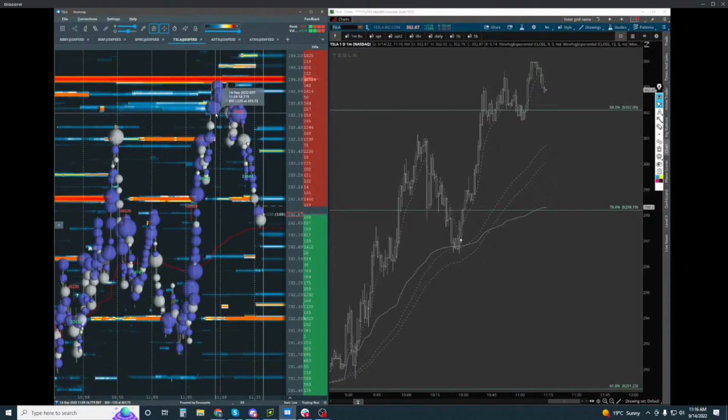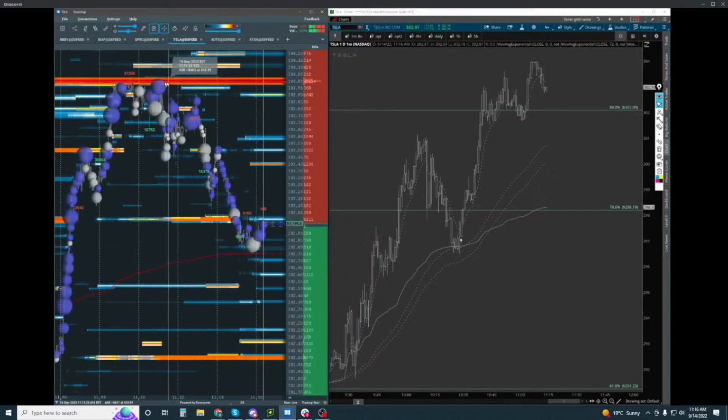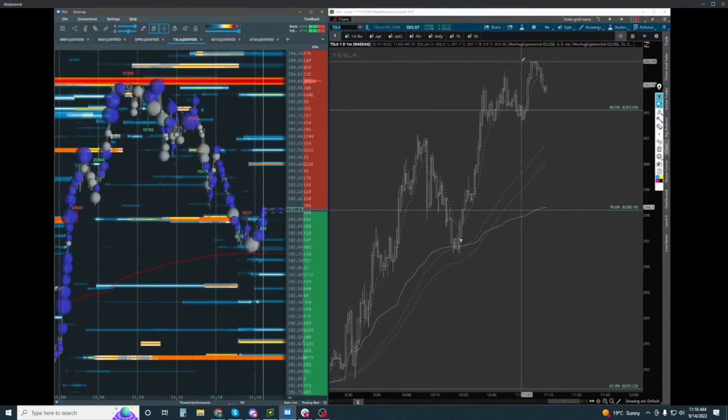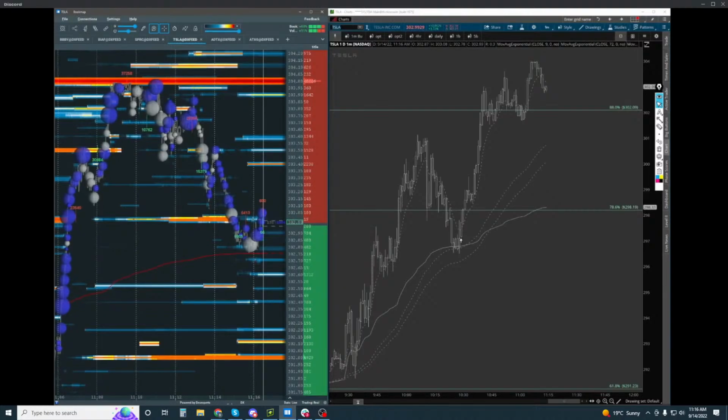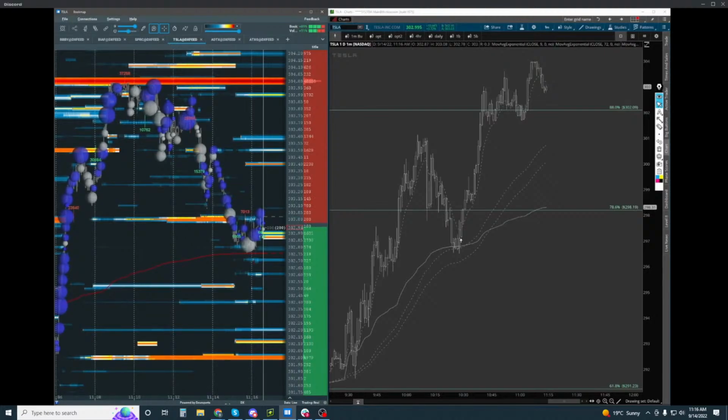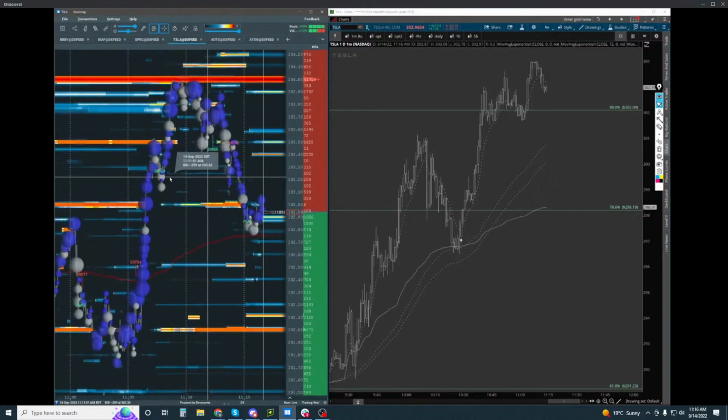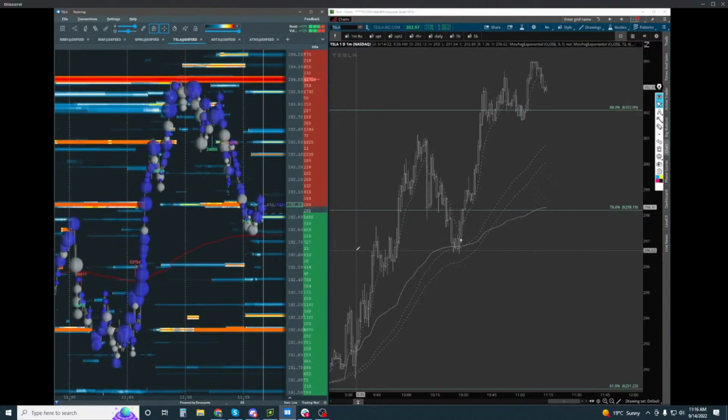It's a nice price section over here. 304 top. Nice rejection at 304 over here. Yeah, Tesla moves quite nicely, and consistently, compared to some of those small caps.